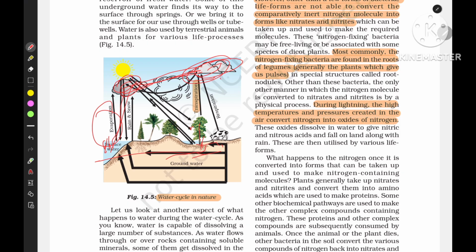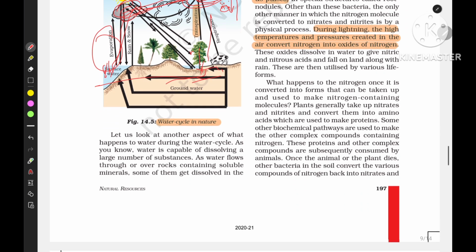When they meet dust particles, as discussed above, the dust particles form the nucleus and form water droplets, and again due to gravity it falls down, and this process continues. This is the water cycle.